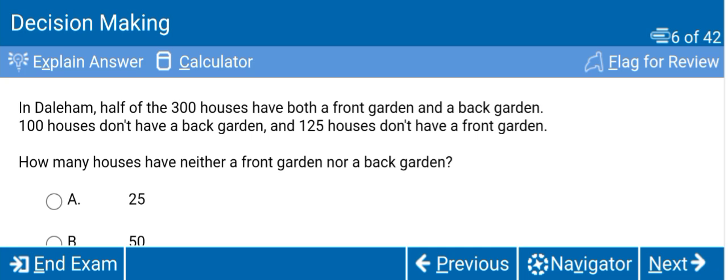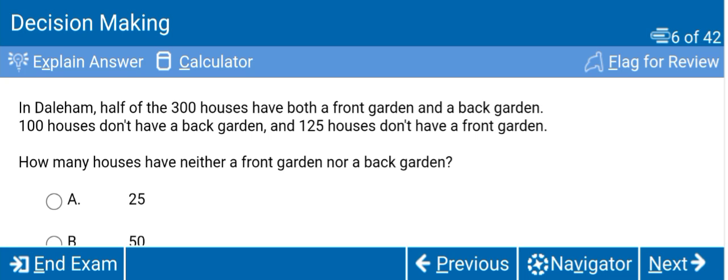says, in Daleham, half of the 300 houses have both a front garden and a back garden. 100 houses don't have a back garden, and 125 houses don't have a front garden.